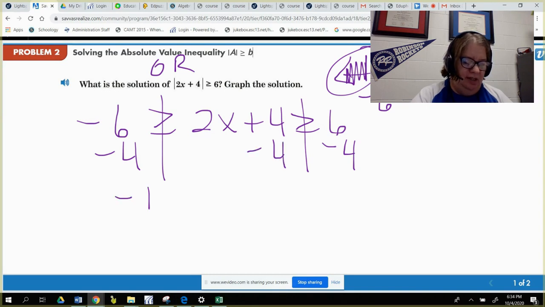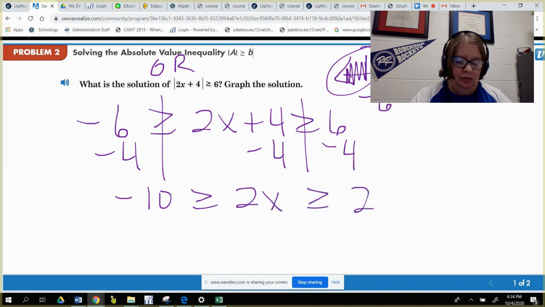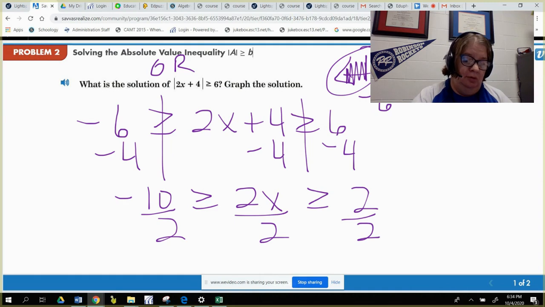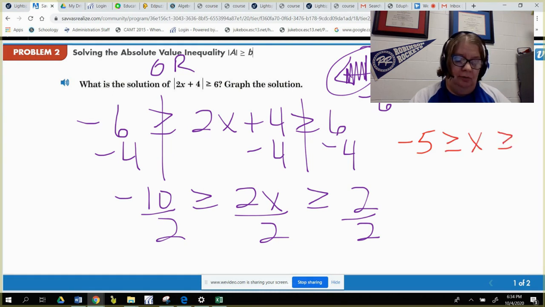Then we have -10 greater than or equal to 2x greater than or equal to 2. What's next? Divide by 2, divide by 2, divide by 2. And we end up with -5 greater than or equal to x greater than or equal to 1.